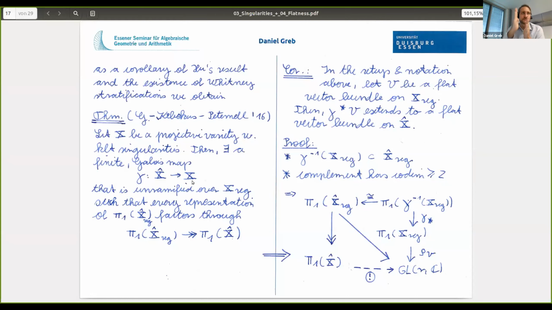So if you have, for example, a map which is unbranched at a generic point of a singularity stratum, then it has to be unbranched along the whole stratum. I would say standard techniques, but you have to be very careful how to organize yourself. Okay. So Whitney stratification plus the local pointwise result.